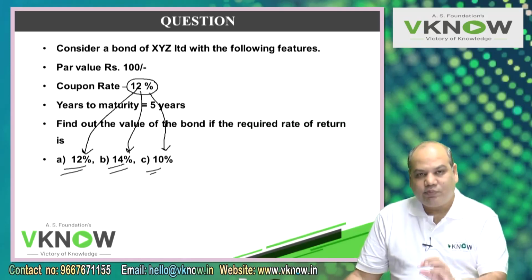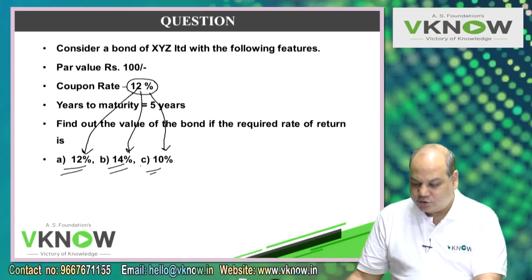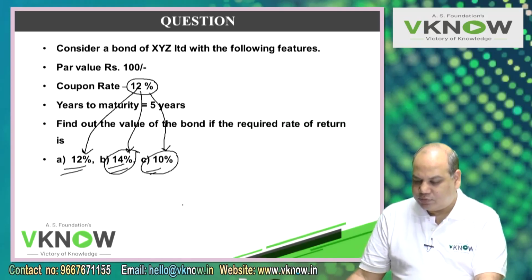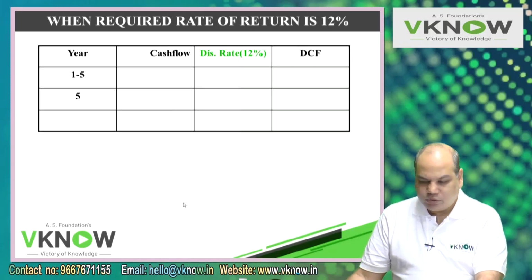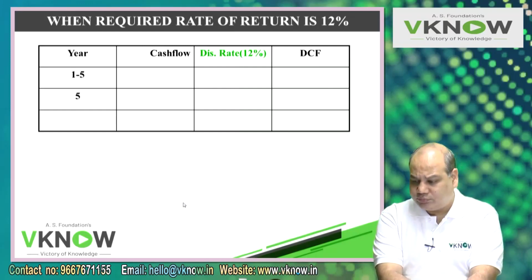So we will see how the value of the bond will change with the change in the rate of discount. Ready? So you can solve in the book or you can solve in the notebook as you please. So first we will solve 12% discount rate.